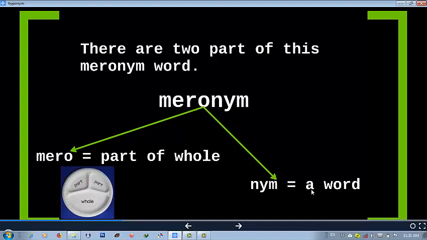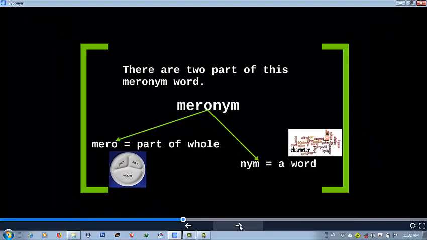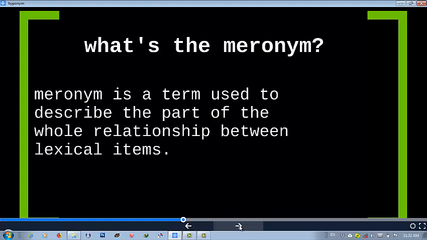Then we go to the next slide, which is an example. So what is meronym? Meronym is a term used to describe the part-whole relationship between lexical items. As I said, the meronym is a part of the lexical item.